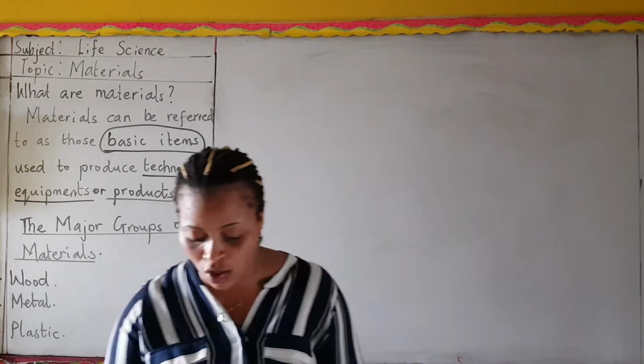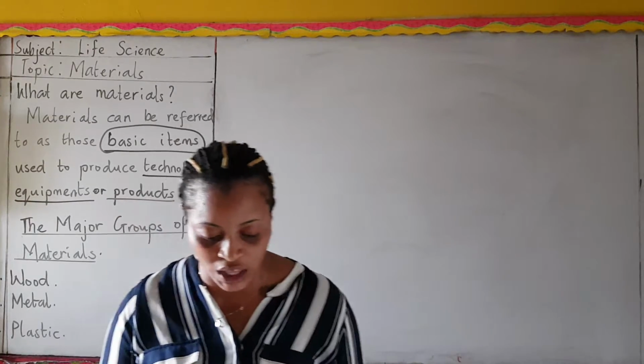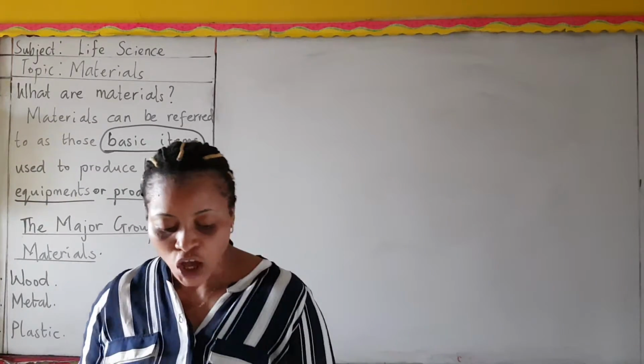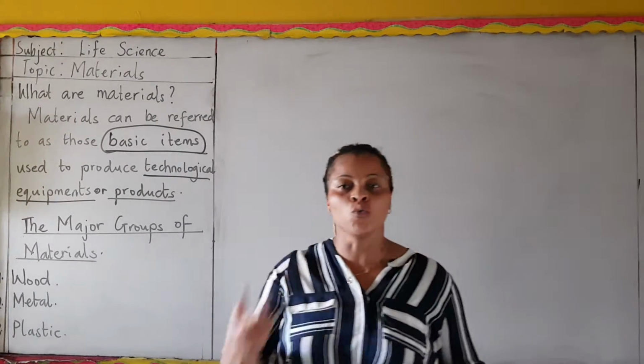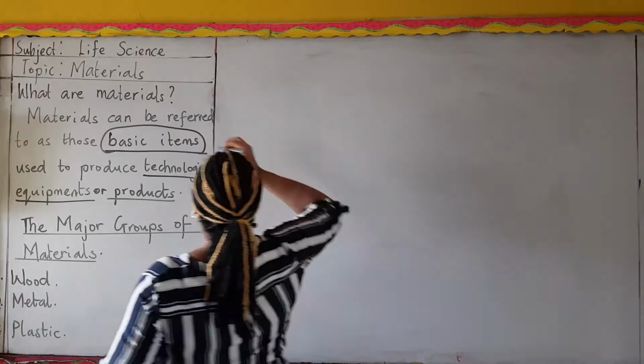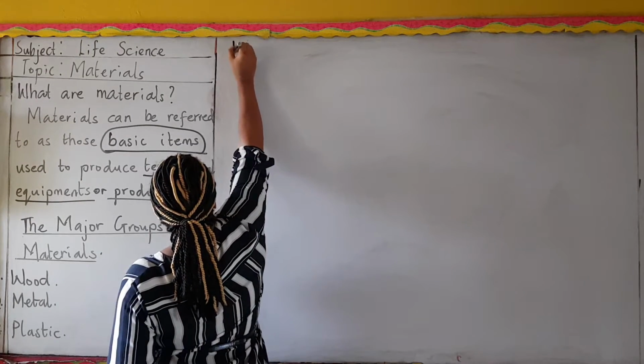So that is it. So having said that, we're going to quickly look at wood. As we said, we have 2 types of wood. So we have the one we call wood.